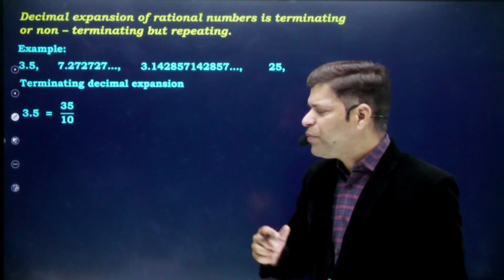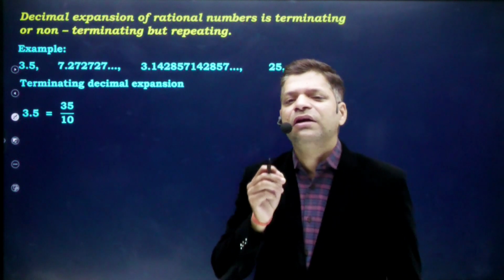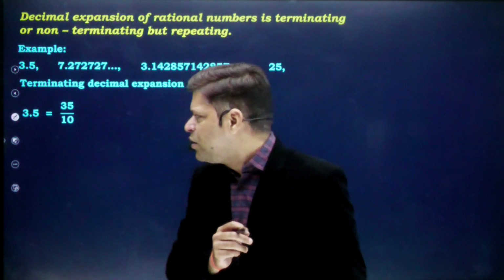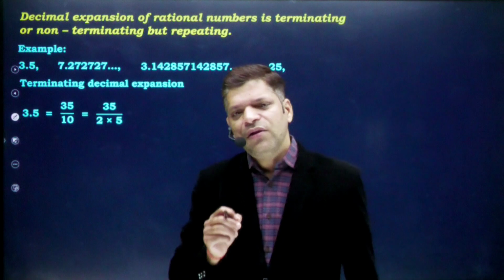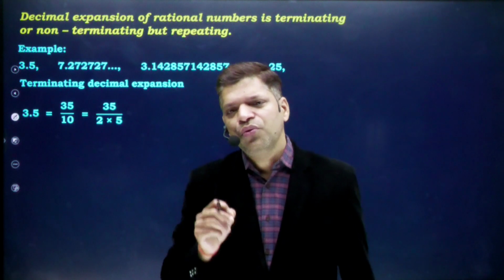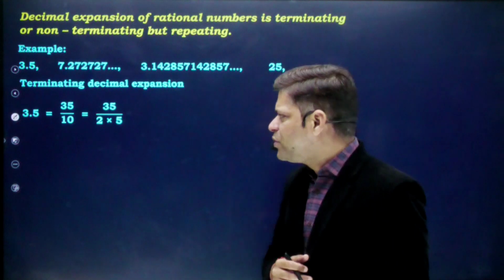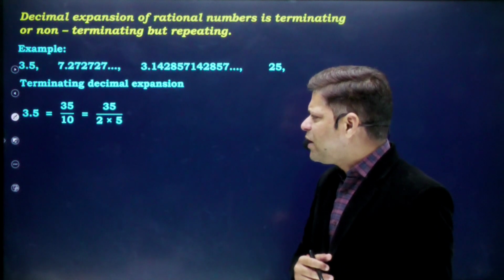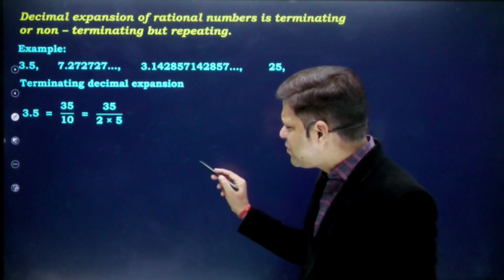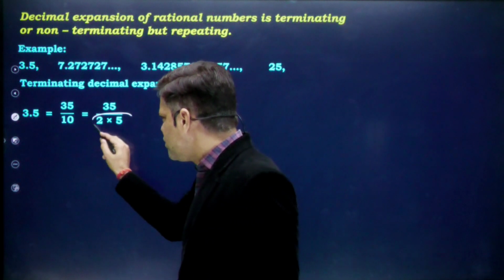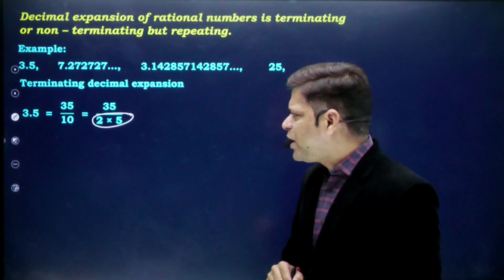We know that 3.5 we can write as 35 over 10, or 35 over 10 can be written with denominator 2 multiplied by 5. So we have written the decimal expansion in the form of p by q, and in this example q is in the form of 2 into 5.